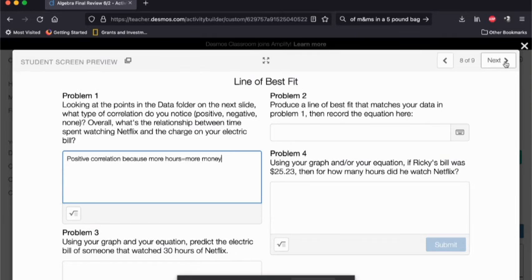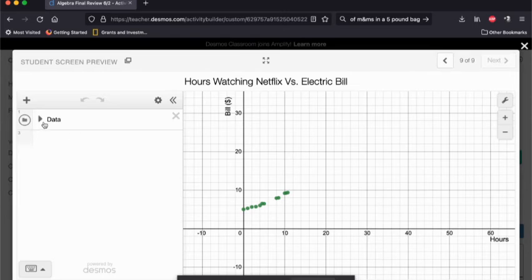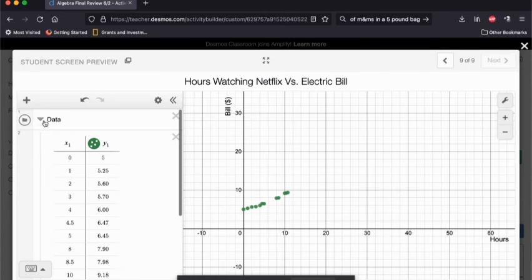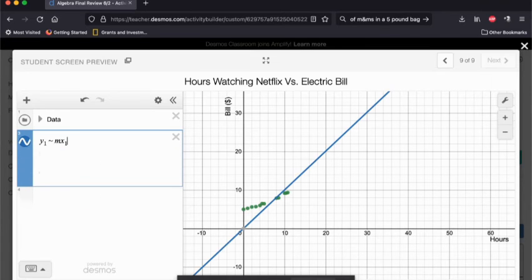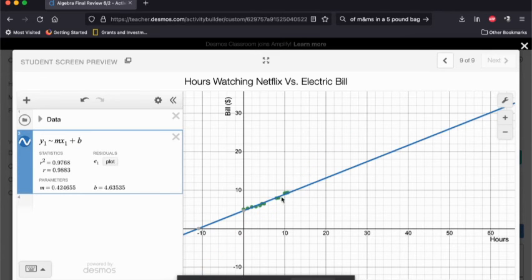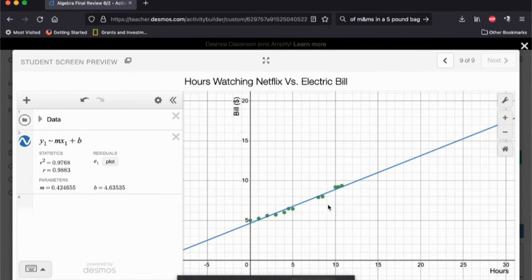Producing a line of best fit, remember we have this tool because our data is labeled x1, y1. We can say y1 is, that's squiggly, m x1 plus b, creates a line of best fit for me. And notice, it seems to match that data pretty well. And notice how it's giving me an m value and a b value.